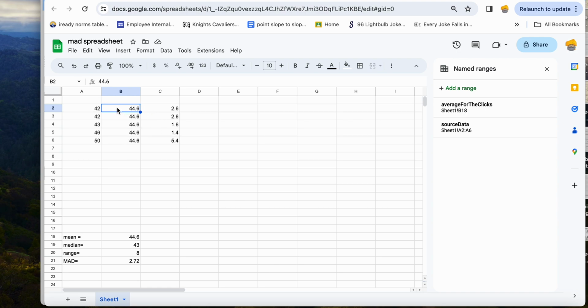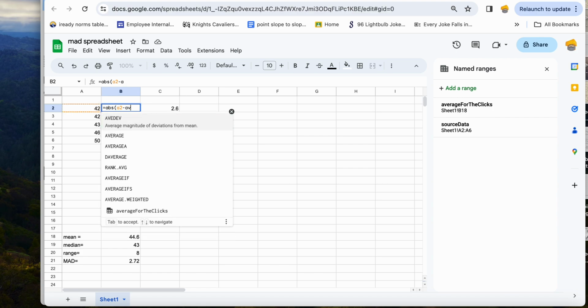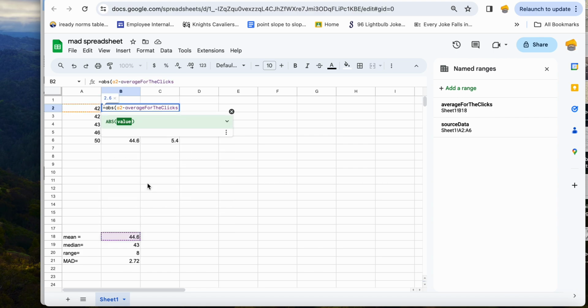So now what you can just take is equals, and we're going to do the absolute value of A2 minus the average for the clicks. We take that and go through and do that.